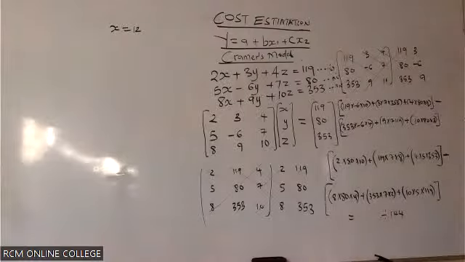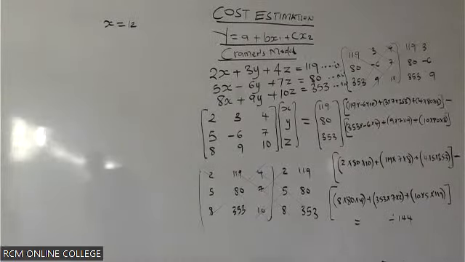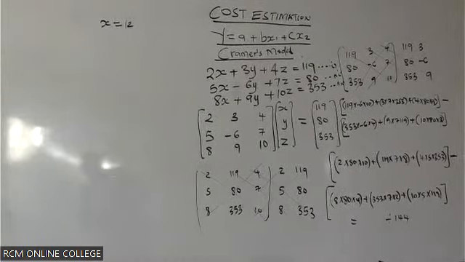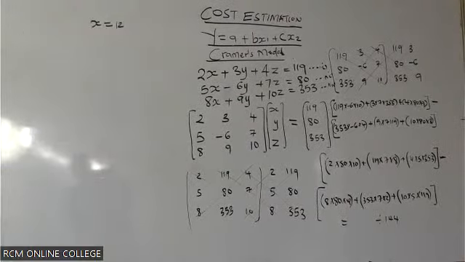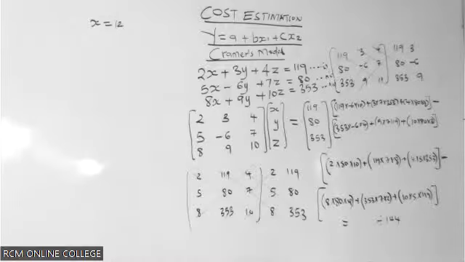Before dividing by 144, what are you getting? What are you getting there before we divide it by 144?